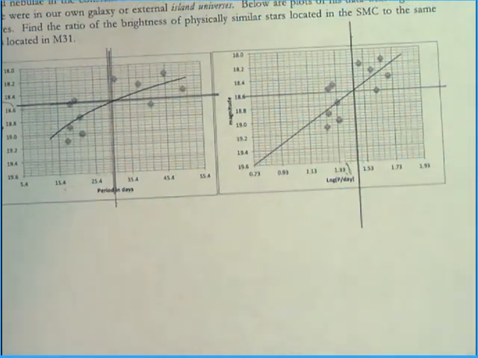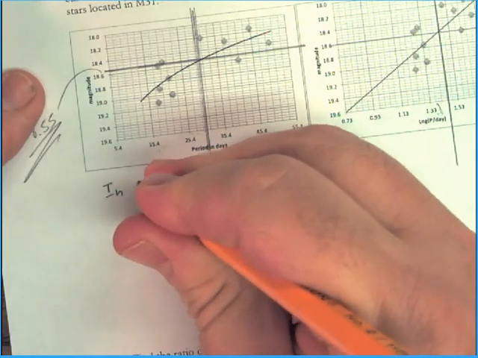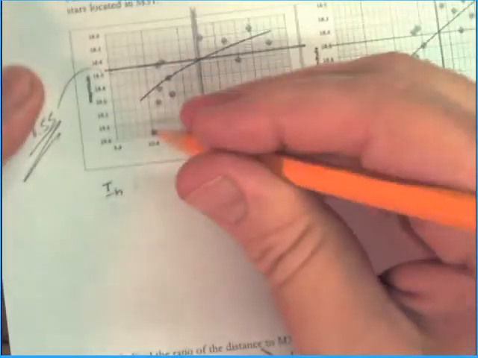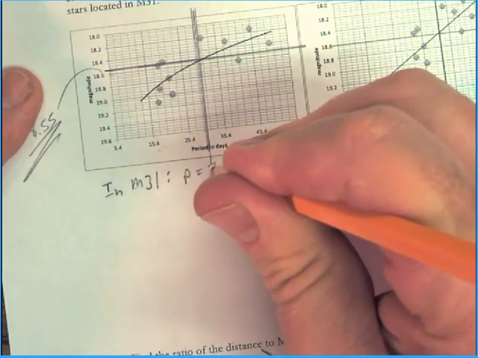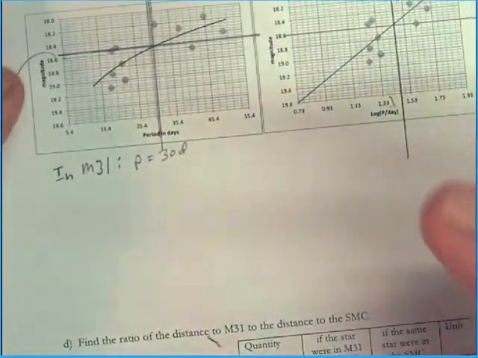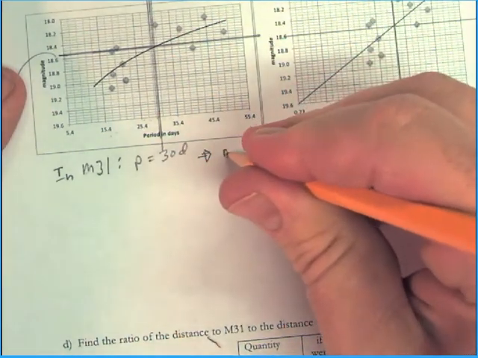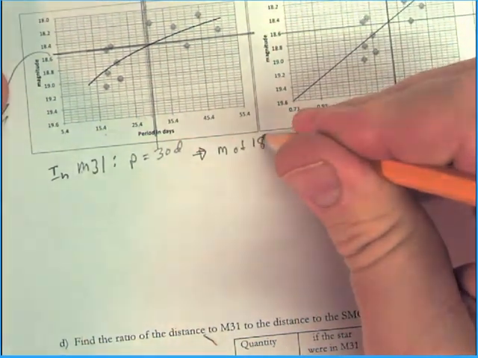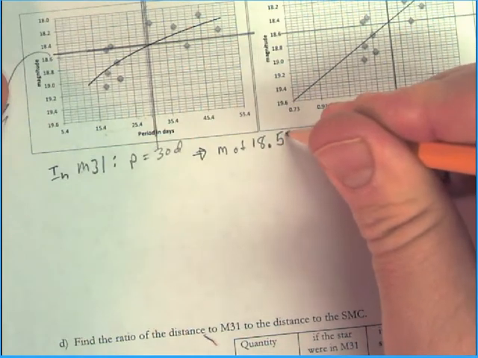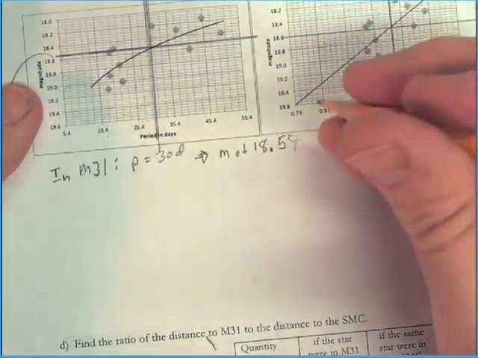So now we know that in Andromeda, a period 30-day variable will correspond to a magnitude of 18 point, well, we just picked a number in between for now.